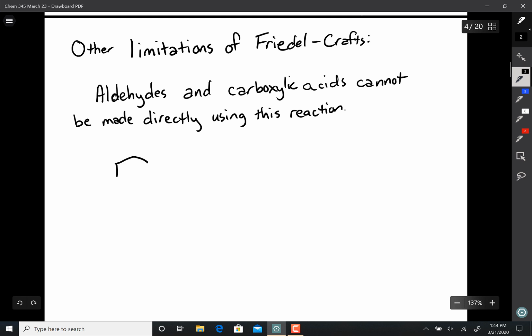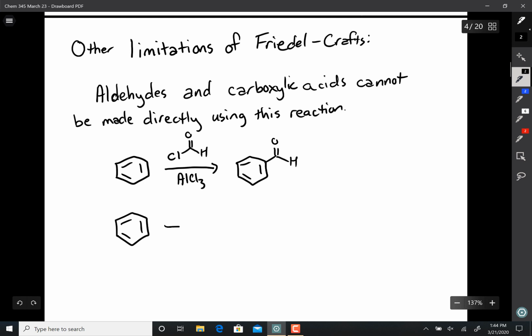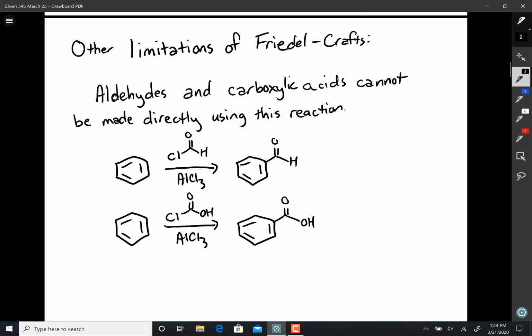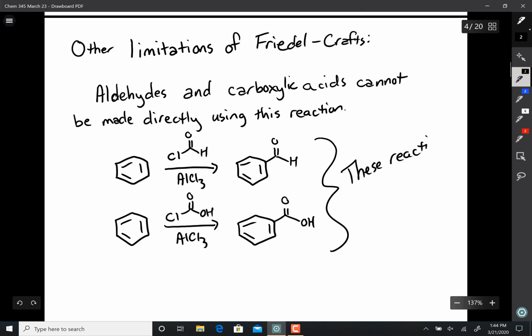What I mean by that? You might be tempted to do something like this, in the case of forming an aldehyde, or in the case of forming a carboxylic acid. But these reactions do not work.